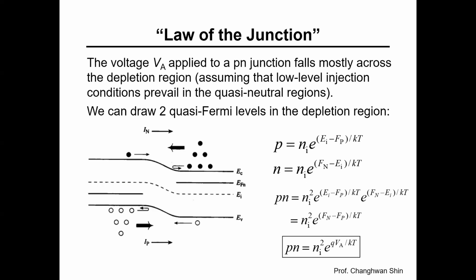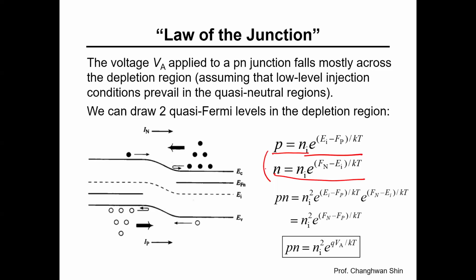In the depletion region, we can draw two quasi-Fermi levels, one for electrons, F sub n, one for holes, F sub p. These represent the effective energy levels that determine carrier concentrations under non-equilibrium conditions. The carrier concentrations can be expressed in terms of these quasi-Fermi levels, p and n.